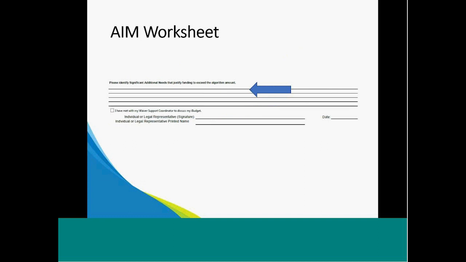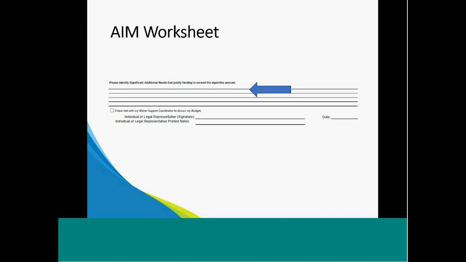Now this section is supposed to indicate how the individual meets the criteria for significant additional needs funding. So we don't want to see blank lines like it shows here. And we don't want to see just a listing of services, but you should be demonstrating. We went over the criteria in the beginning of the webinar that you have to meet to request funding for additional needs, additional funds.